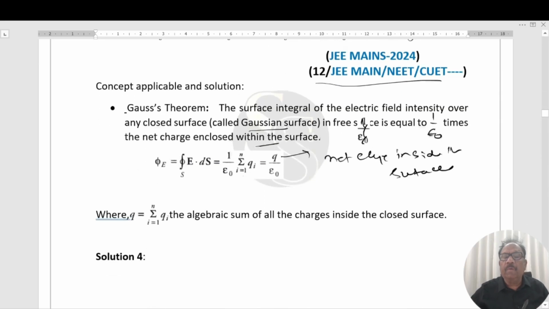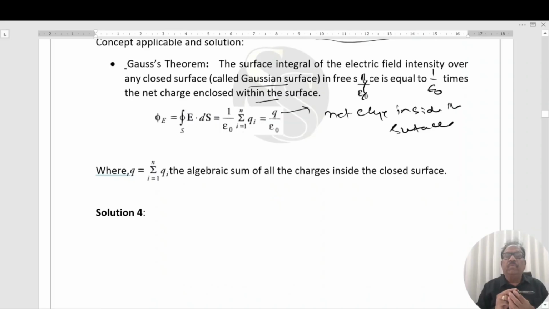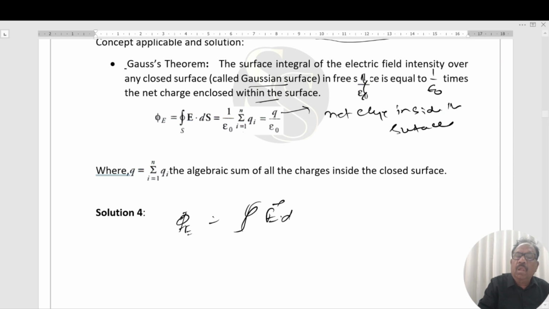Let's start the question. In this case, we have to find the electric flux. Electric flux phi E equals the integral of E dot ds, or 1 over epsilon naught times Q net inside the surface.